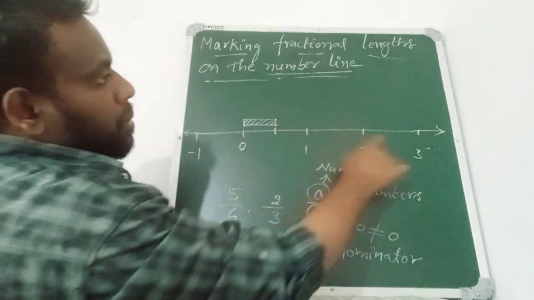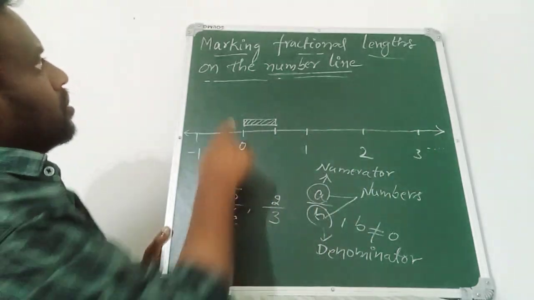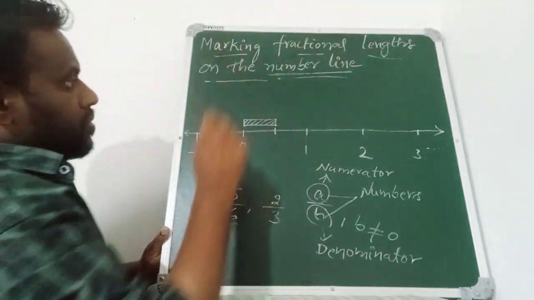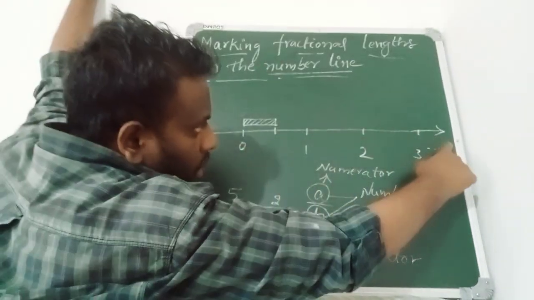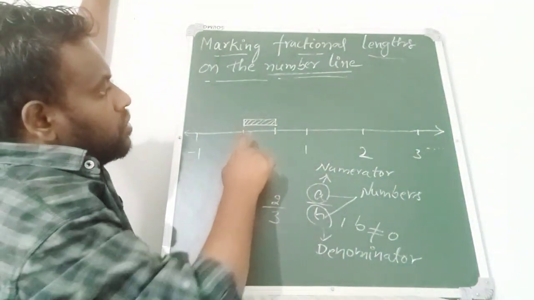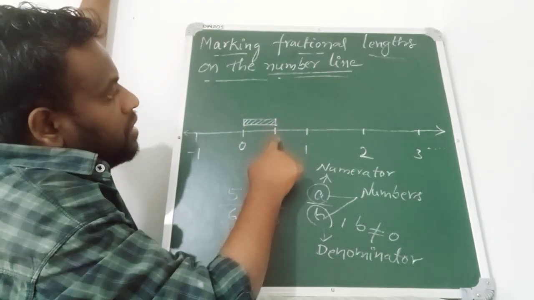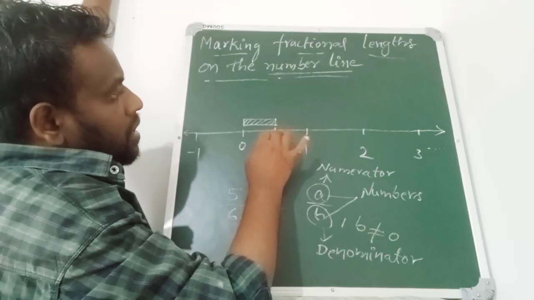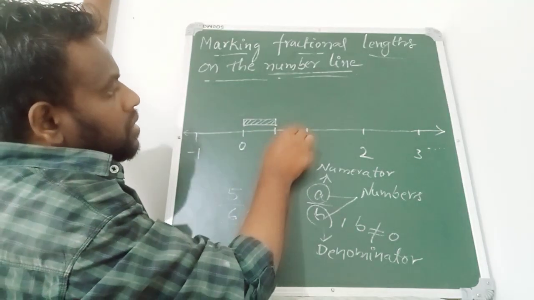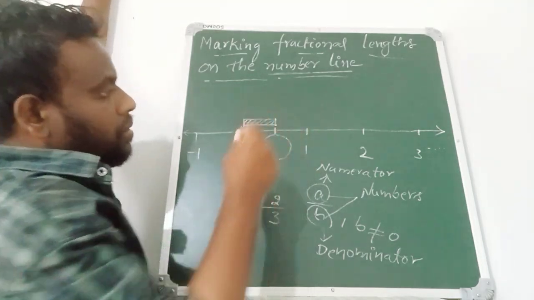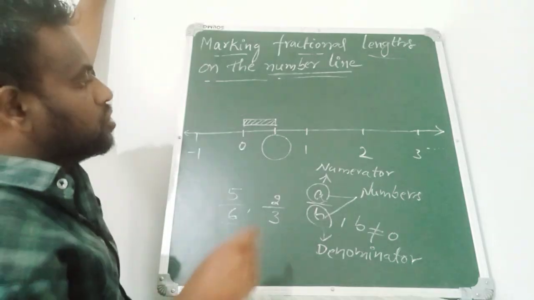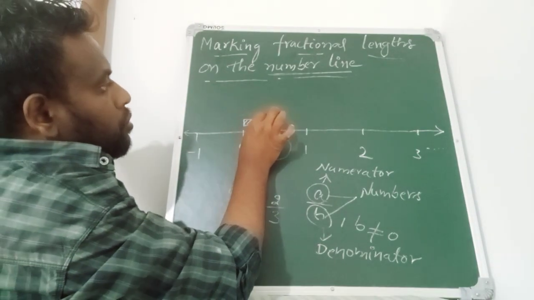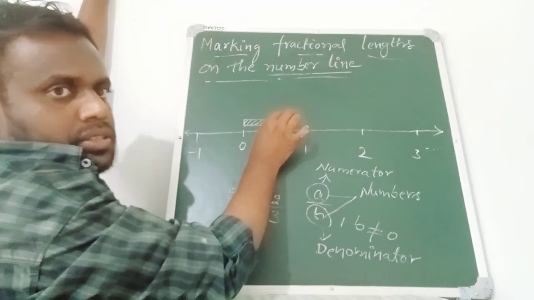Okay, and this is the number line, I already said. Now marking fractional length on the number line. So this is the number line, and this length we have to mark here. So I will write here box, another circle. We have to measure the length of this box.